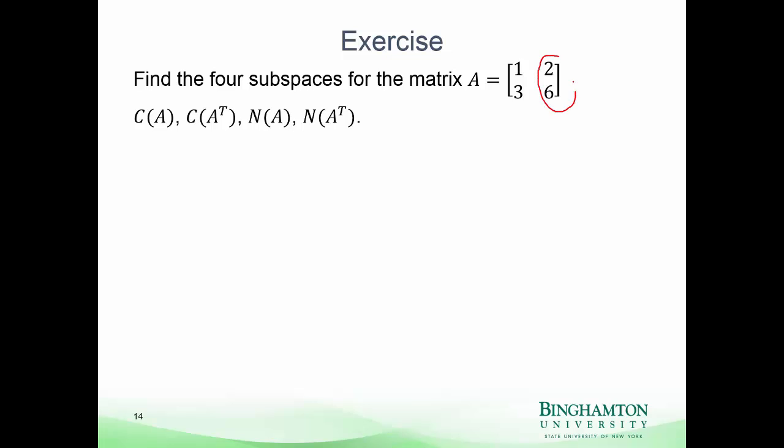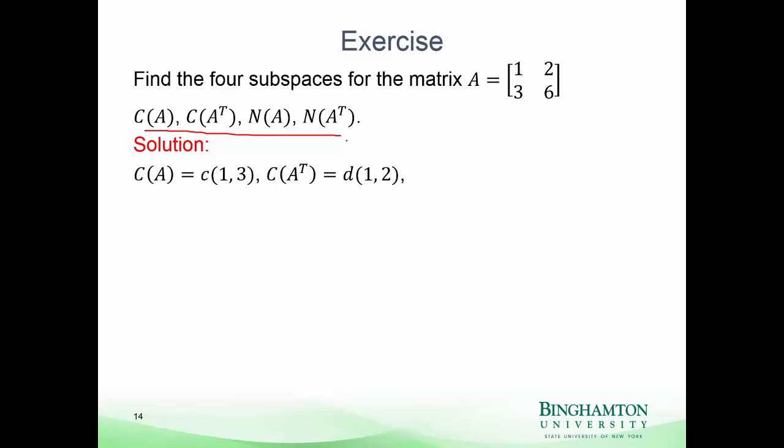This second column is just a multiple of the first column. So we know that the rank of this matrix is 1. Find the 4 subspaces. So here's our solution. If you want to pause the video, give it a shot, don't look at your notes, come back, and then I'll take you through it.